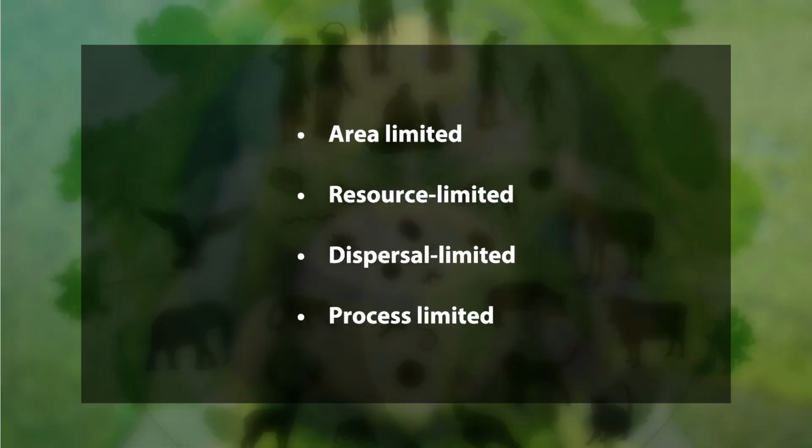Lambeck suggests four threat categories for focal species. They are: number one, area limited; number two, resource limited; number three, dispersal limited; number four, process limited. Each of these categories should be represented by one or a few focal species.